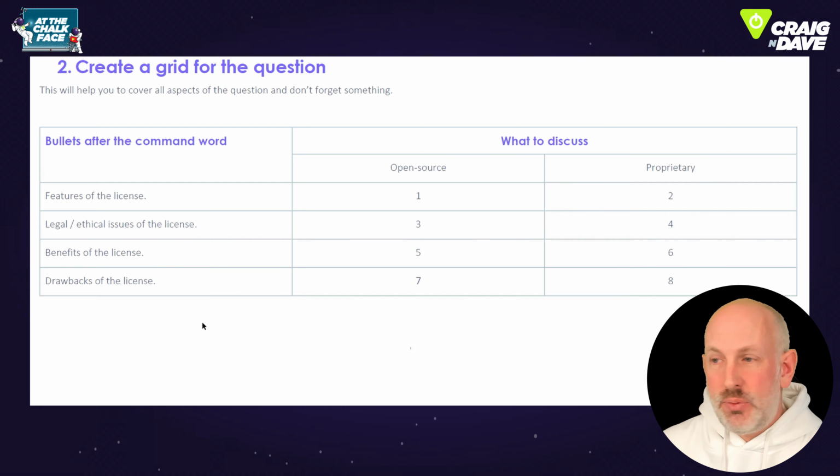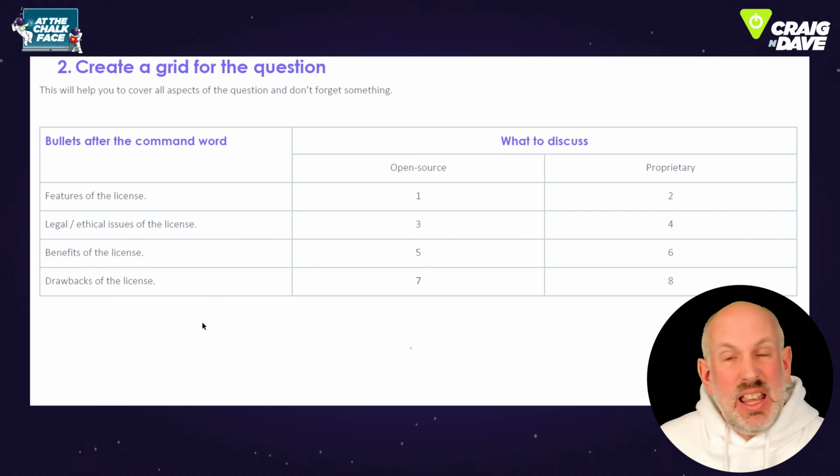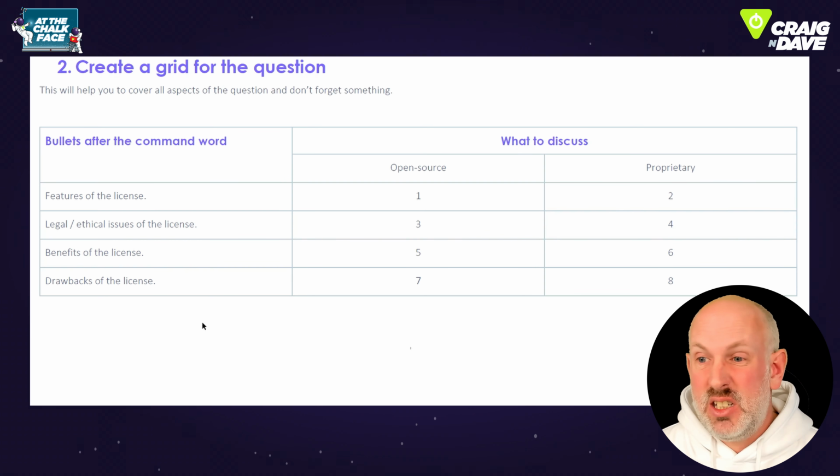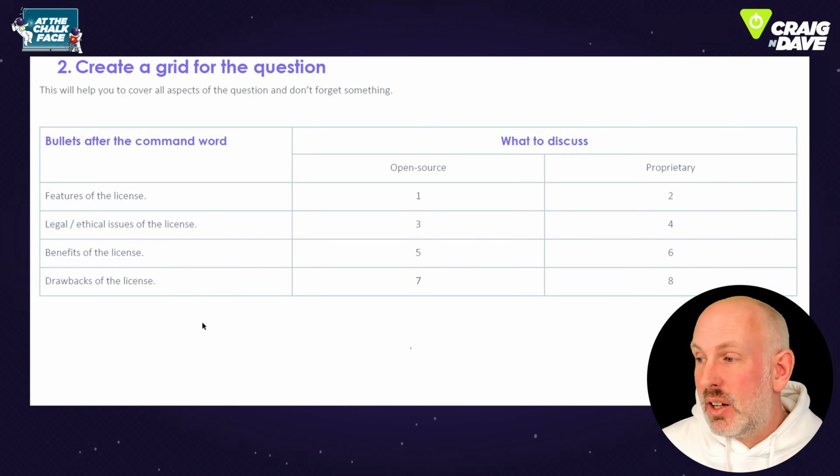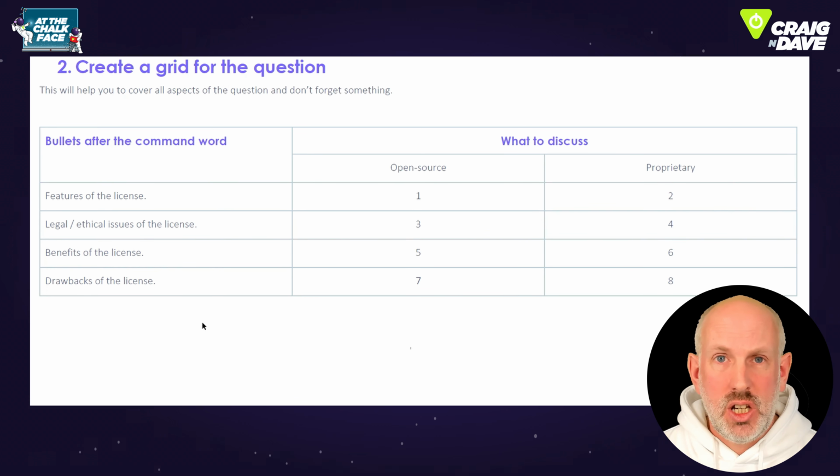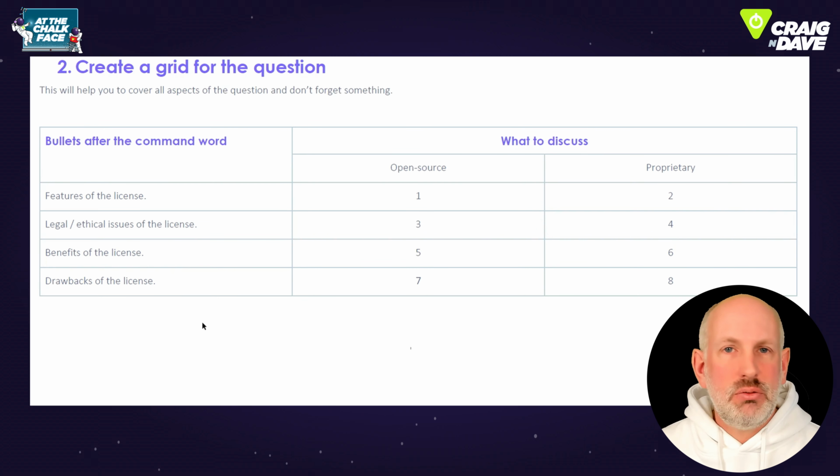So I can fill up my grid to the number 8 by just having 4 rows and 2 columns. So it was easy for me to do that. If I split out the legal and ethical, I'd end up with 10, because I'd have 5 times 2 instead of 4 times 2. So I'd end up with 10, which is more than I really need.